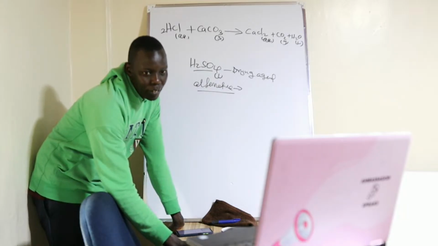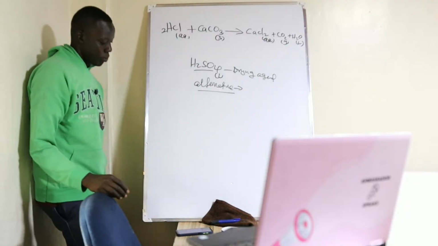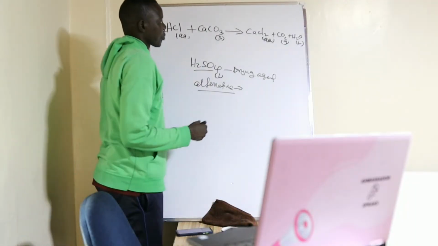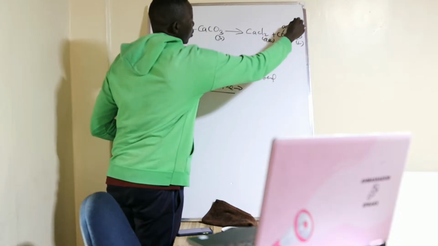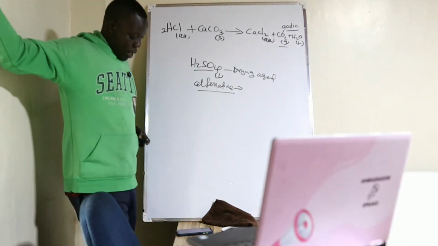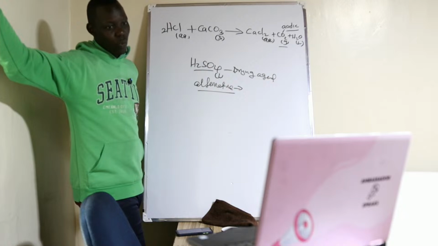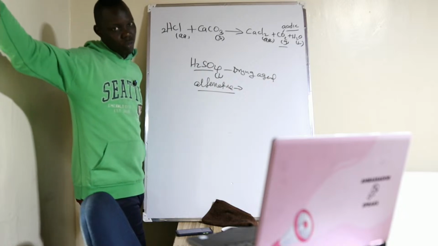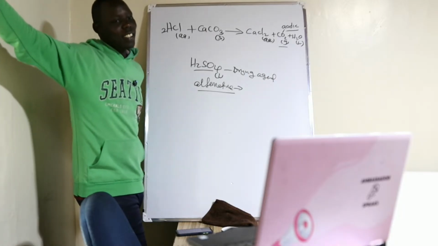Alternative, listen here. The gas produced is acidic. This one is acidic gas. Being an acidic gas, for the drying agent, first of all you remove anything that is basic, so remove anhydrous calcium oxide.